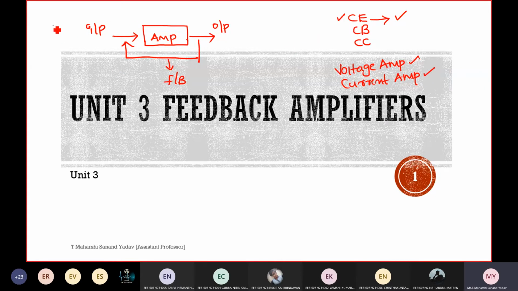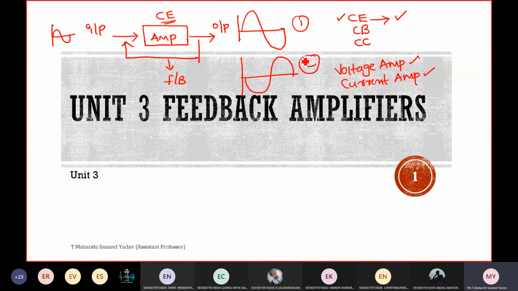Generally, if I provide input, this input is multiplied with the gain so that I get some output. Now suppose I'm going with the CE model. I'm giving you two outputs. Tell me which one I get now. If this is CE, which output is correct in this case?